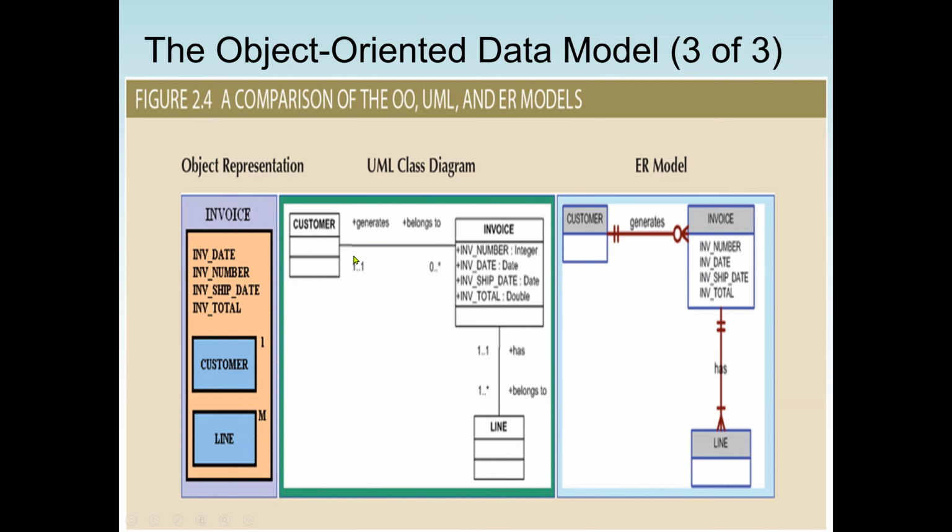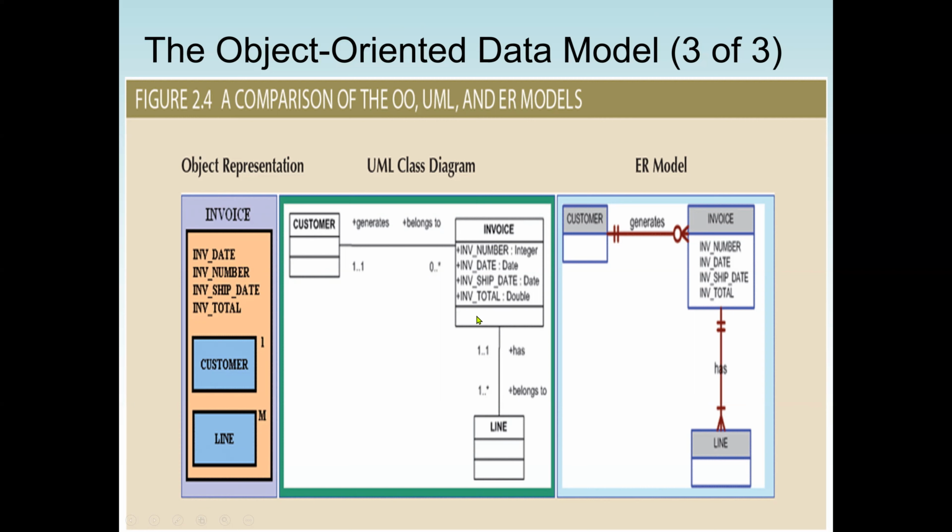We can see our classes, the object representation, the UML class diagram. We have customer, invoice, and line. And the invoice needs a customer and a line. So this is again the object-oriented concept using the class diagram. Each class will consist of data members and attributes. So you can see the invoice, they show the data members, which are the attributes.